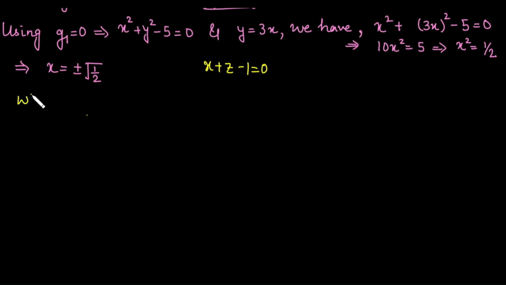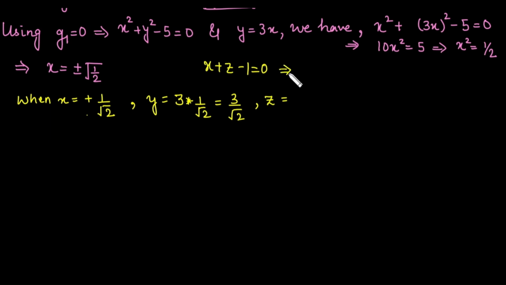First, we will plug x is equal to positive 1 by under root 2. According to this, we can take the value of y either from this one or this one, that is equal to 3 times of x, that is equal to 3 by root of 2, and the value of z from this condition is equal to 1 minus x. It means in this case the z value is 1 minus 1 by under root 2.